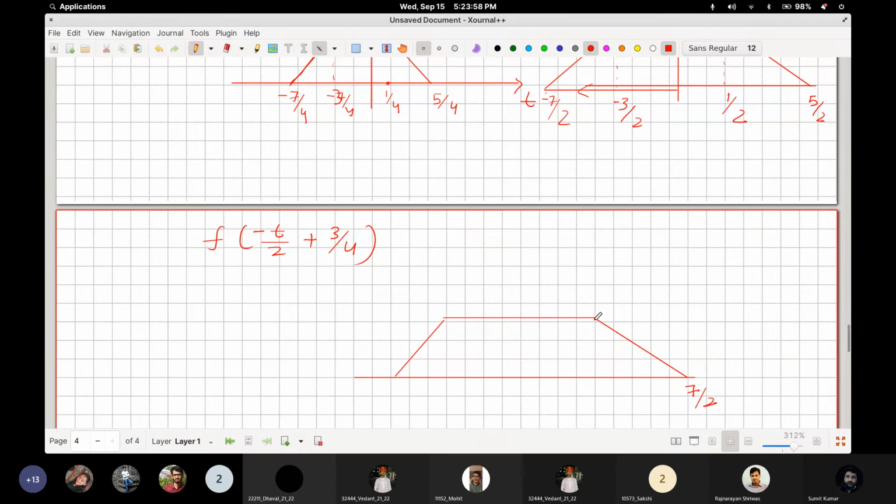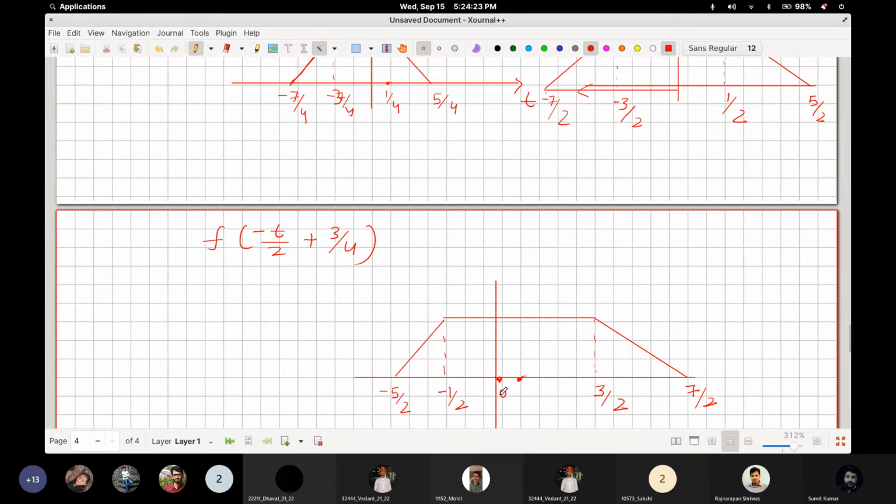7/2. This point here is going to be 3/2. This point which was half is going to be minus half, and this which was 5/2 is going to be minus 5/2, and 0 is going to be somewhere here, which you can easily see. I think it will be somewhere around here, right? So it will be 0.